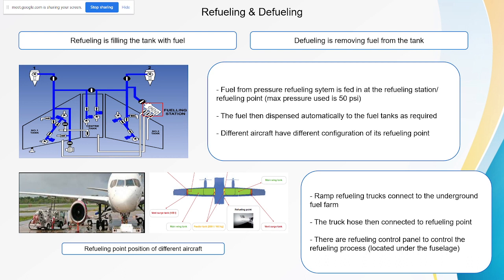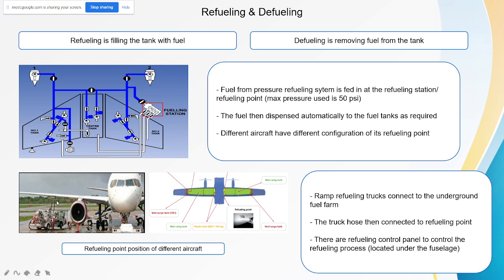Normally the control will be at the refueling point. That means for this one, the wing there, where the hose is connected, there is the control panel there, the refueling panel. It is not far from the hose.